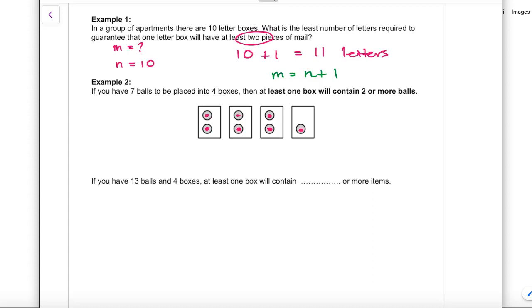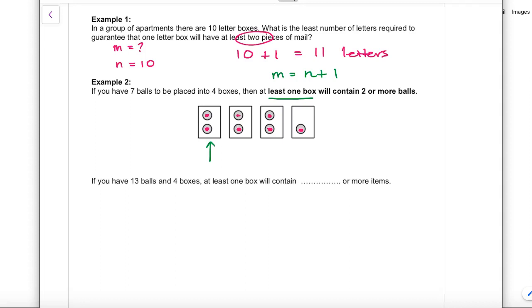This means that at least one box contains 2 or more balls. In fact, in our example, we've got 3. So if we have 13 balls and 4 boxes, at least one box will contain how many or more items?